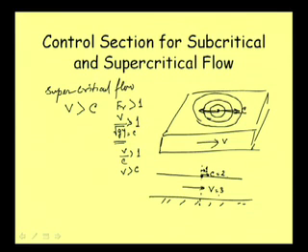So what we can say is that if we create any disturbance in supercritical flow, it is not at all propagating in the upstream direction. The net movement is always in the downstream direction, so that is not affecting the upstream flow.